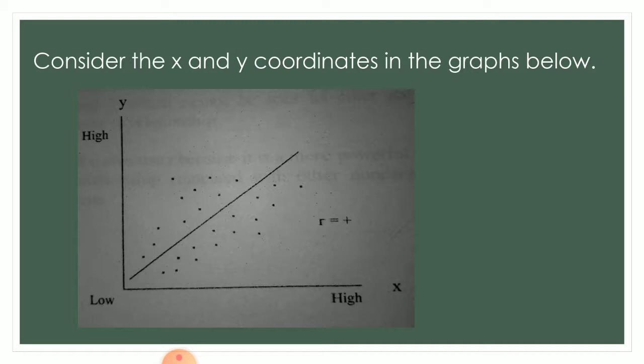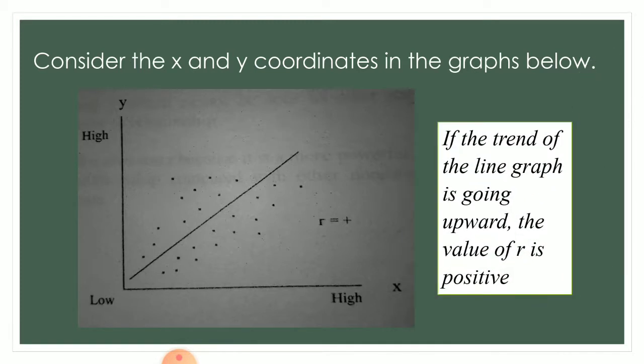As we can see on this first graph, the trend of the line is going upward, meaning the value of r is positive. This indicates that as the value of x increases, the value of y also increases.